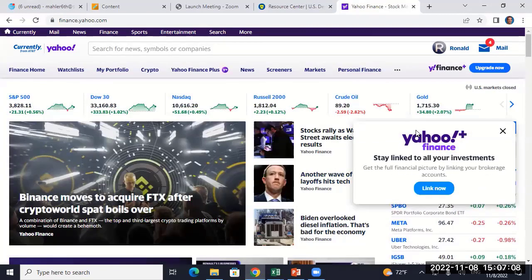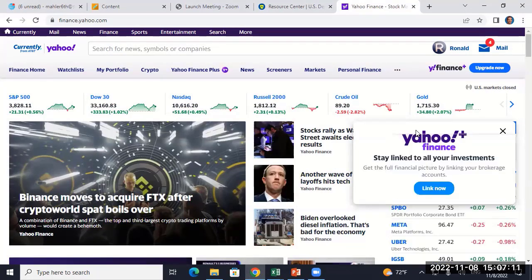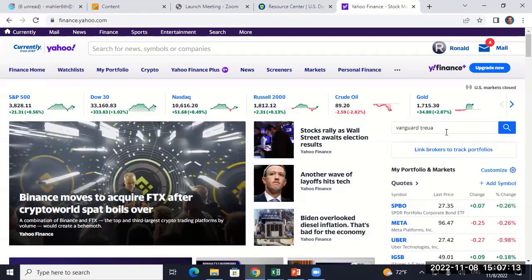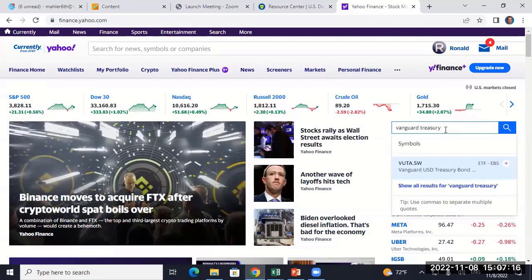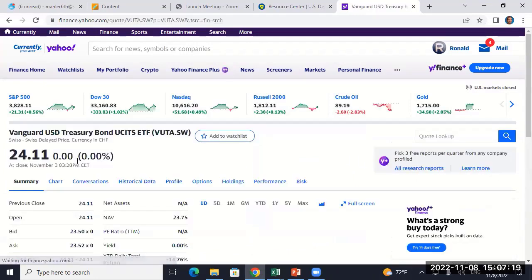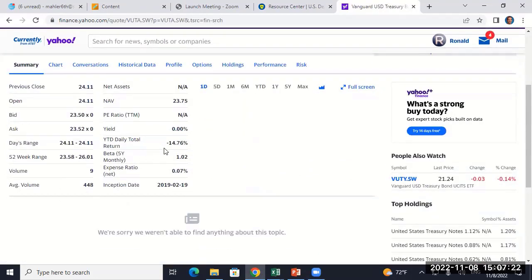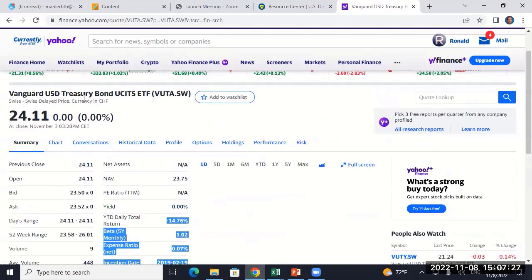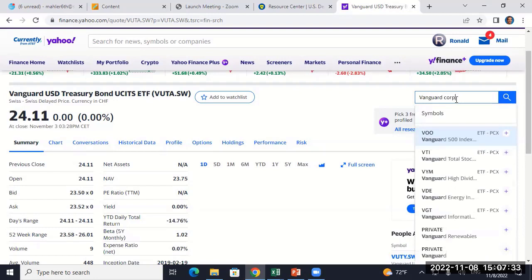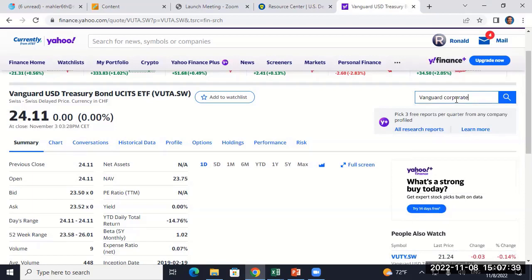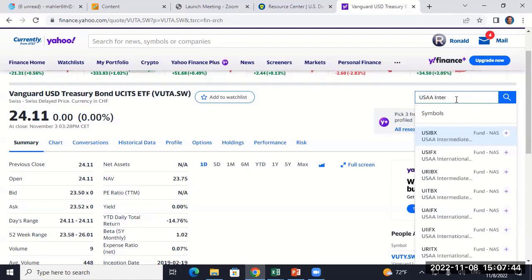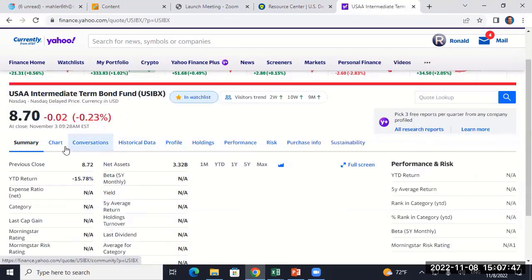Let's try a Vanguard Treasury bond fund. Year to date, it's down 15%. That's US Treasury. Then let's try Vanguard corporate. They don't have one. Let's try this one.